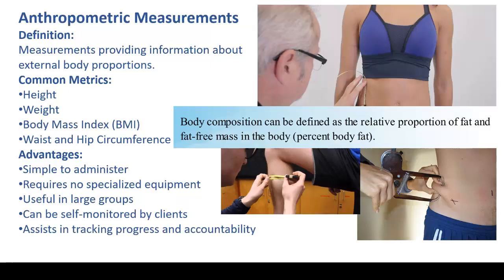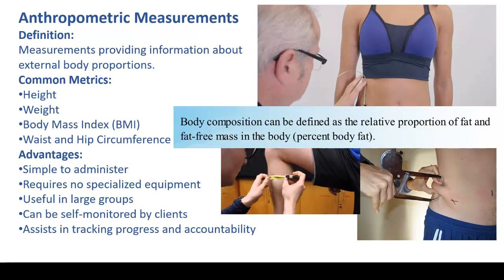First, anthropometric measurements are basic body measurements that tell us about the outside of the body, things we can see or feel.